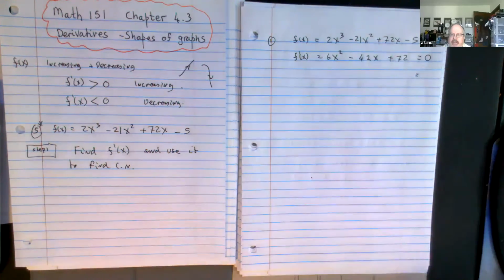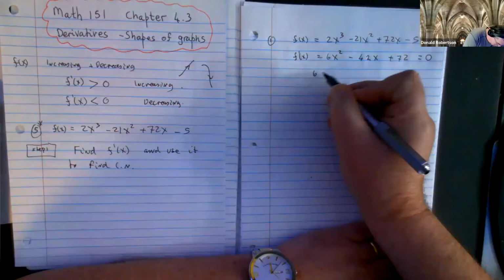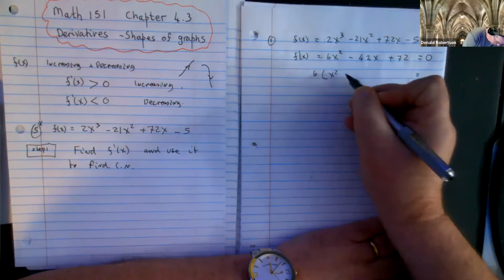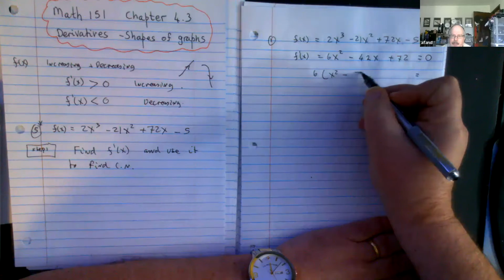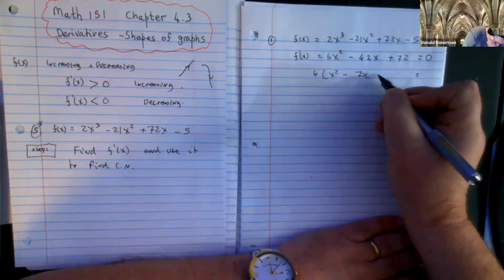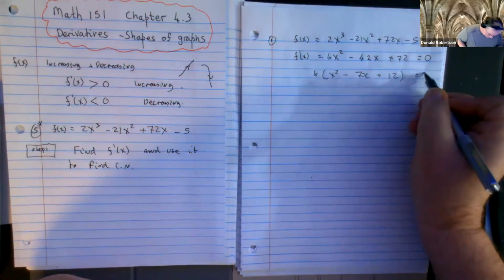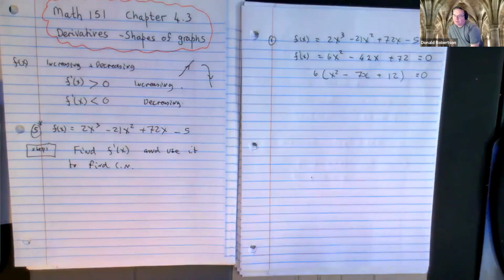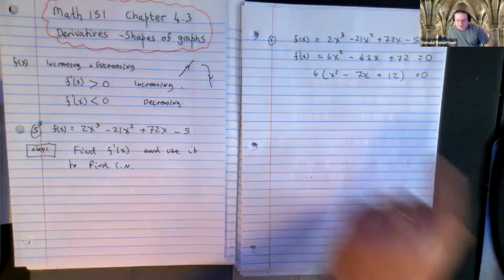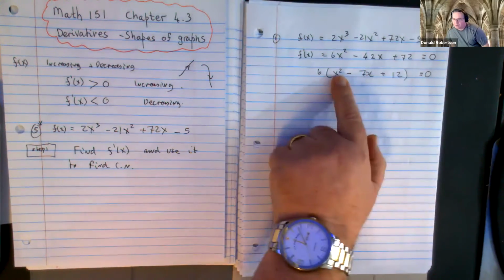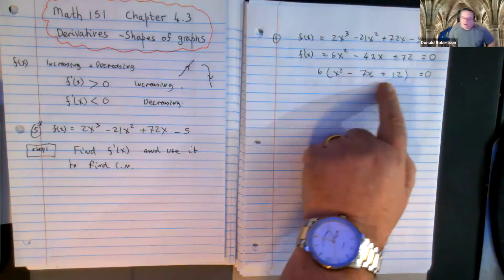Getting 6 out of there. Right, so you can pull it out as a common factor, or you can divide both sides by 6. And what's this going to be? 12. Are we comfortable with that? Pulling out a 6? Now, do you notice that this quadratic is much, much easier to do than that quadratic? And by that, I mean factoring.